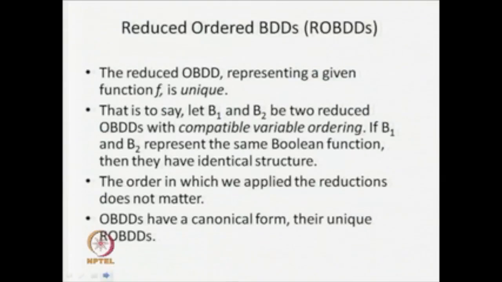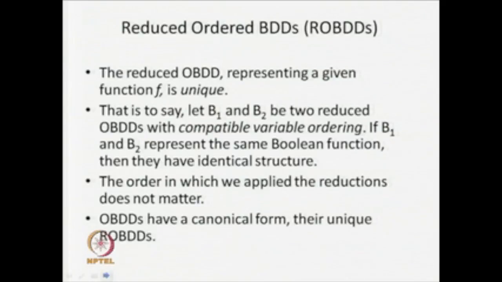Secondly, we have a notion of comparable variable ordering. If you consider two BDDs B1 and B2, and they have the same variable ordering, then we say that they have comparable variable ordering. And if these two BDDs, B1 and B2, have comparable variable ordering and represent the same Boolean function, then their structure is the same.